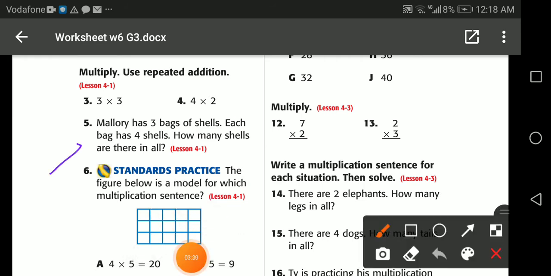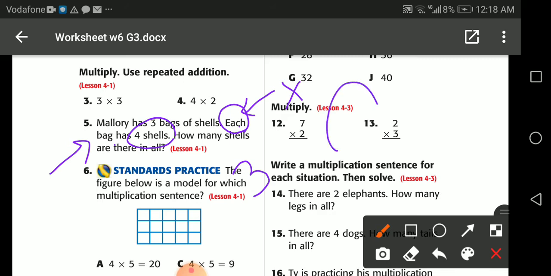Okay, this one, the word problem. Mallory has 3 bags of shells. Remember, the word each, when it comes in the word problem, refers to multiplication. Each bag has 4 shells. Let's draw.